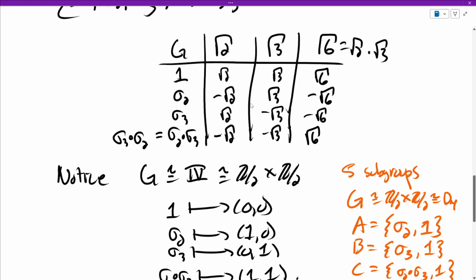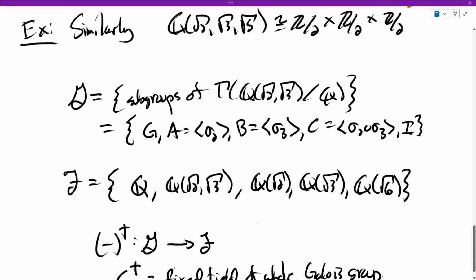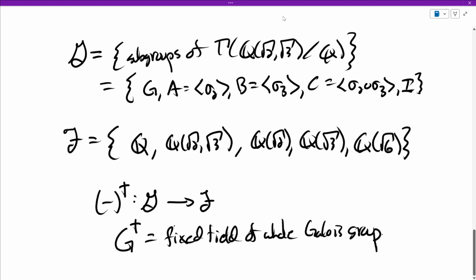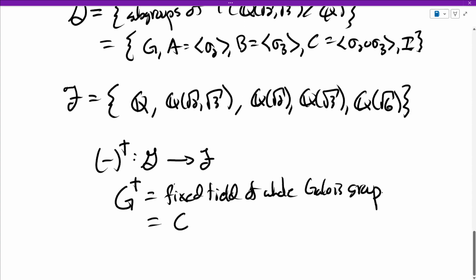But the element that negates root 3 doesn't fix root 3, right? It moves it. So we have an element that negates root 2 and root 6, so those aren't fixed. And this other element negates root 3. So neither root 2, root 3, or root 6 are fixed. These all get moved. So what's the only subfield of our extension that's fixed by everything? Well, of course, it's just the rationals. So G dagger is Q.